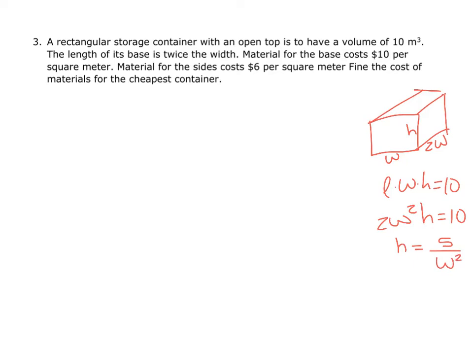All right, material for the sides costs $6 per square meter. Find the cost of the material for the cheapest container. Wait, the base is 10. Okay. So the base, that's this.